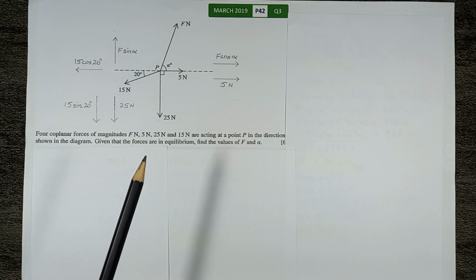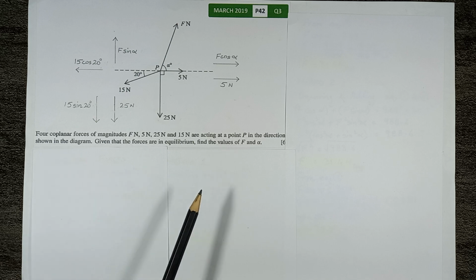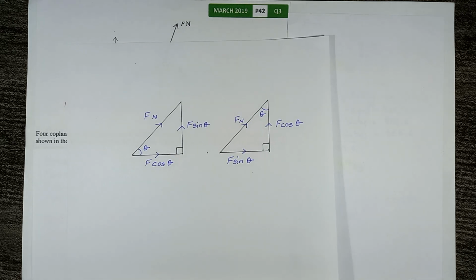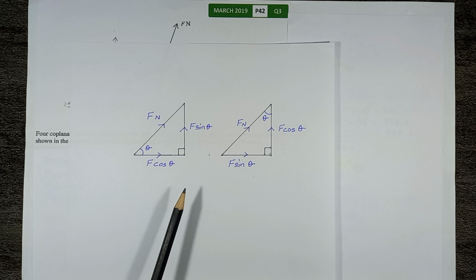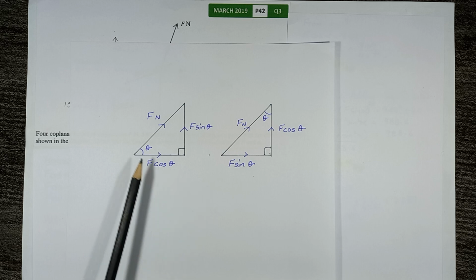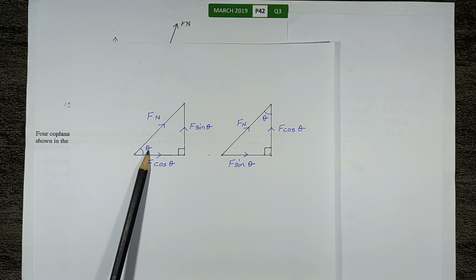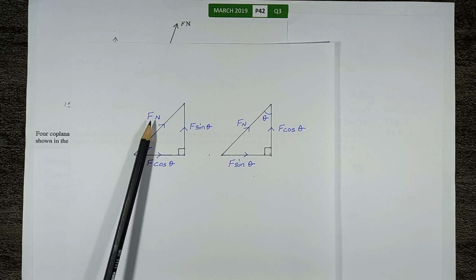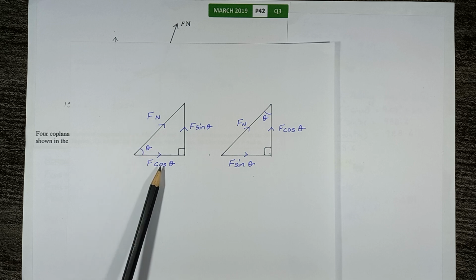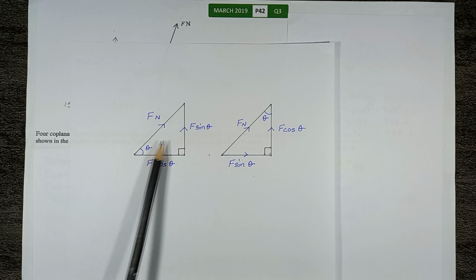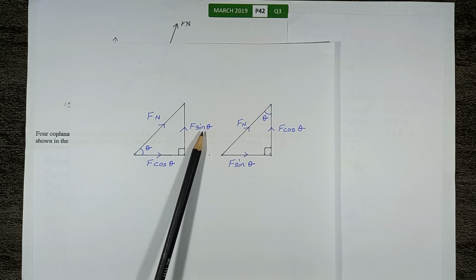Before starting the question, let us understand the horizontal component and the vertical component, because most students have a misconception that the horizontal force is always with a cos component. It is not like that. For example, if we are considering this angle and this is a particular force acting at a particular angle, then the side connected to the angle is the cos component side and the opposite side is the sine component side.